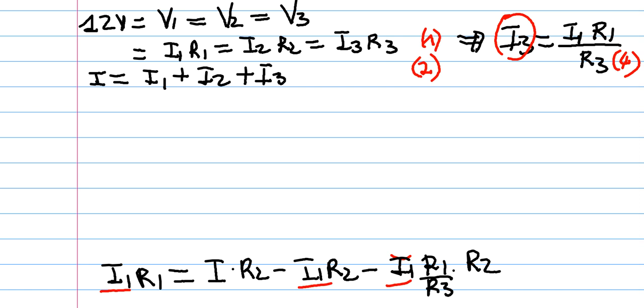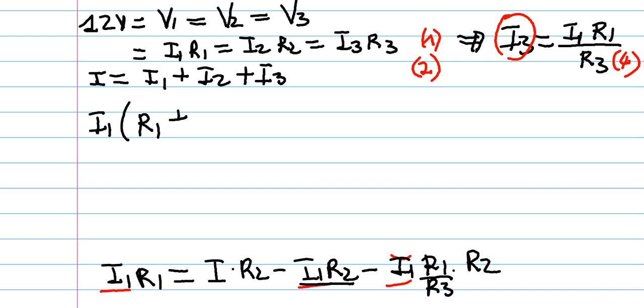Okay, now by putting I1 in bracket, we are going to have I1 in bracket. Here remains R1. This item crosses the equality by changing the sign.